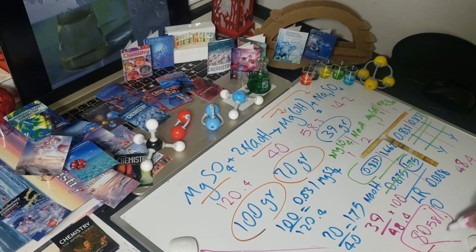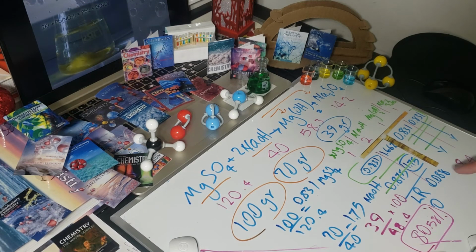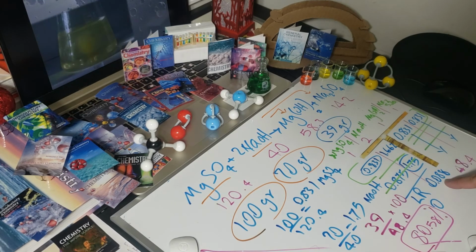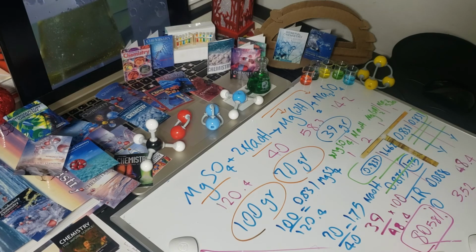This much percent, 80.58%. That's the answer. Now, what else can I understand? I could compute how many grams of sodium hydroxide would be in excess. This times 40. I think this is also one thing that the problem is asking for, and it is 3.52 grams of NaOH left over.